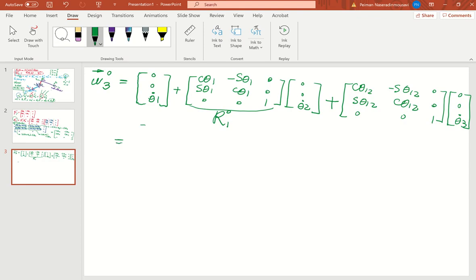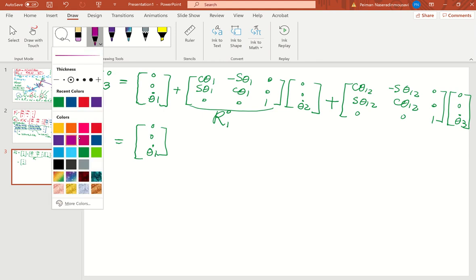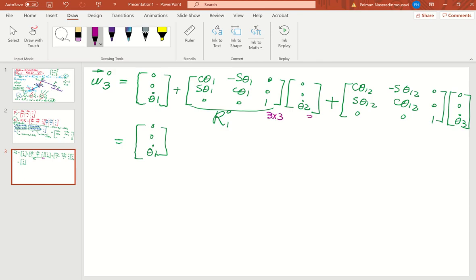So this is obviously like that. We get here 0, 0, theta dot 1. For those of you who are weak in linear algebra, this is a 3 by 3 matrix times a 3 by 1, so the result is going to be 3 by 1. Plus this by this 0, this by this 0, this by this 0, and so on, giving theta dot 2, plus again a 3 by 3 matrix times a 3 by 1 vector.